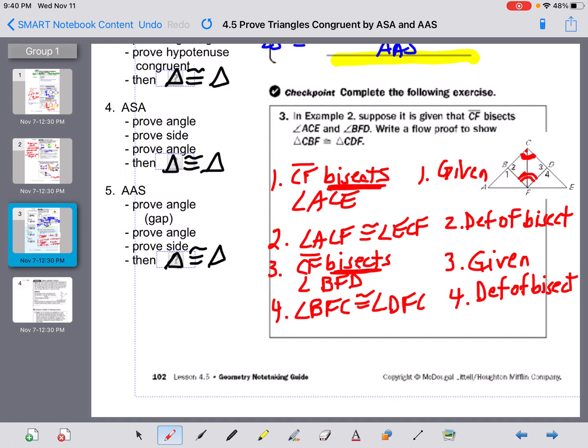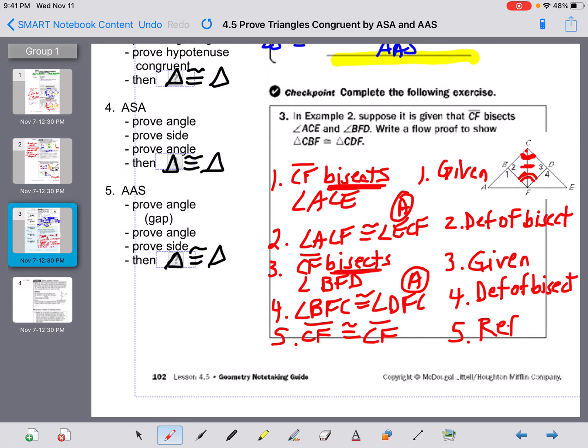All right, quick check. Pair of angles, pair of angles. What else can we mark in that picture? And if we can mark it in the picture, we put it in the proof and say why we can mark it. You're right. We can mark that shared side right there in the middle. So we can say CF is congruent to CF. And the reason is reflexive.